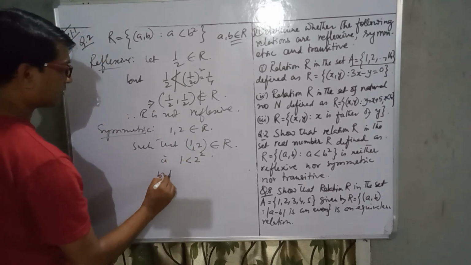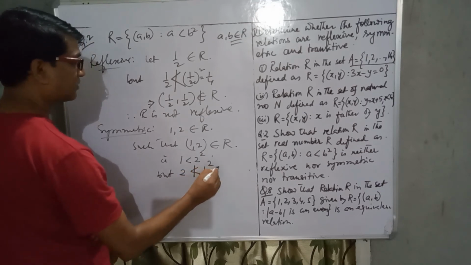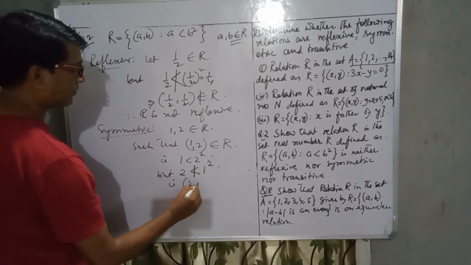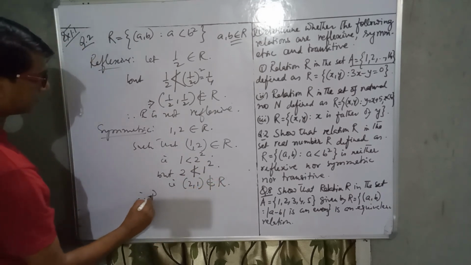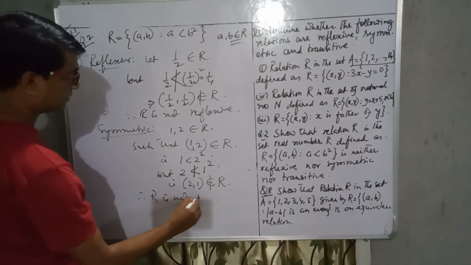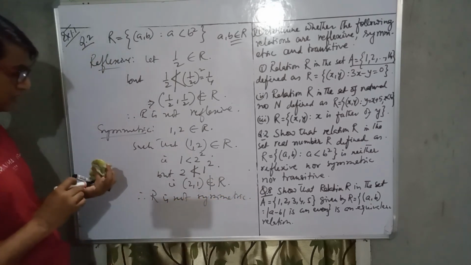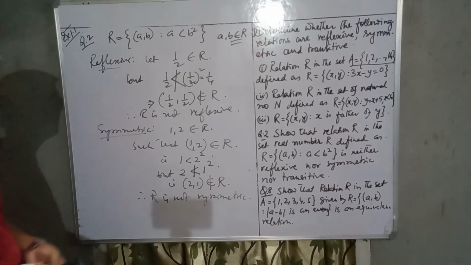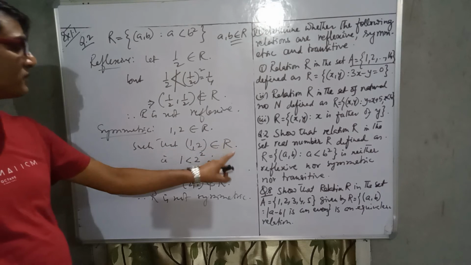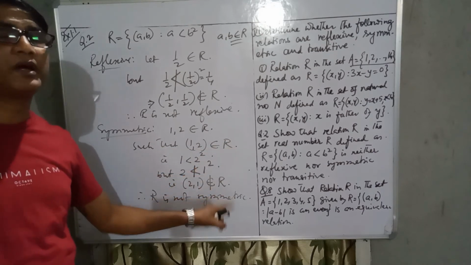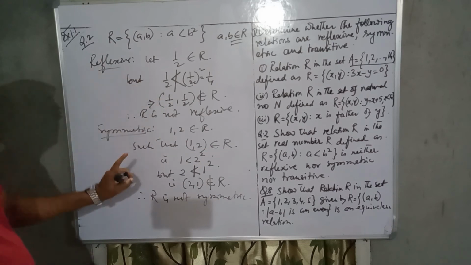But 2 is never less than 1 square. That is, 2 comma 1 does not belong to R. So R is not symmetric. R is not reflexive, R is not symmetric.